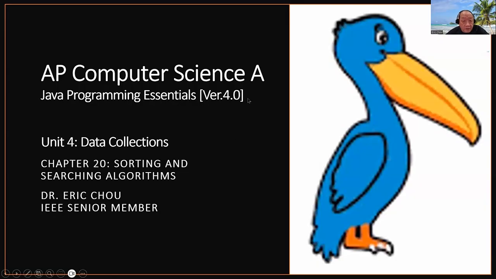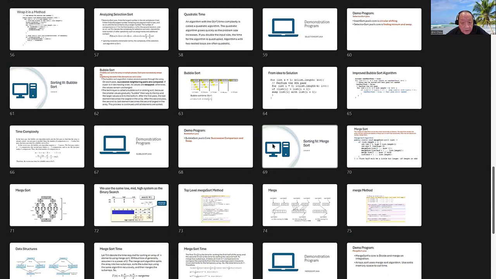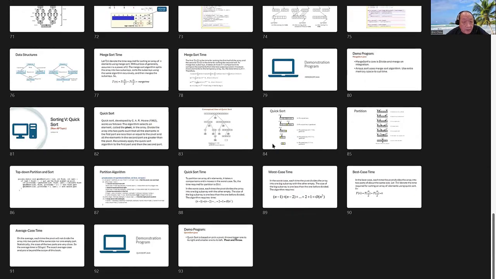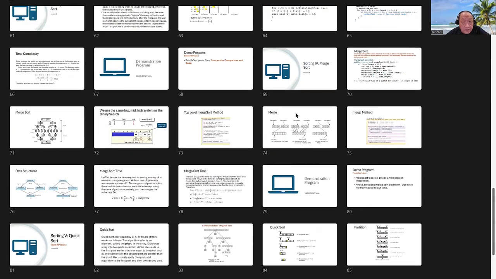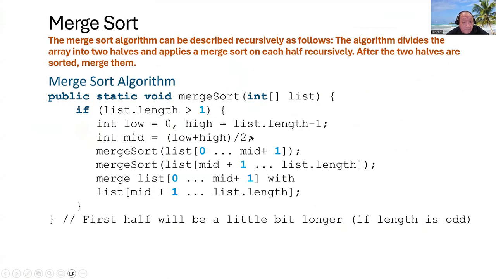So Array.sort actually is using this merge sort algorithm. Okay, Java's Array.sort is using merge sort algorithm. Many of the standard algorithms in the C++ STL also use the merge sort. Okay, so you need to learn this merge sort.